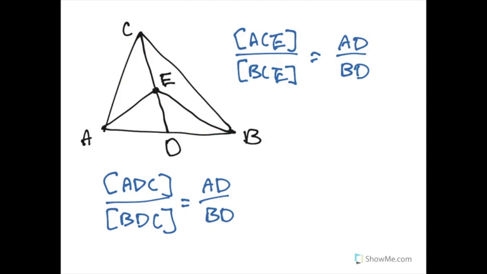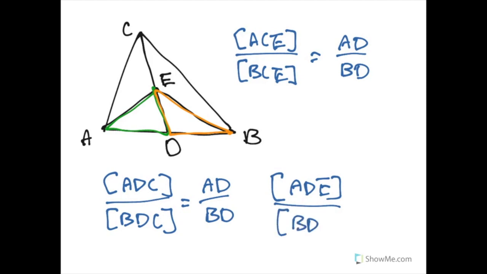And again, we can look at triangle ADE and triangle BDE, and the same result follows. So we have that the area of triangle ADE divided by the area of triangle BDE is also equal to AD to BD.